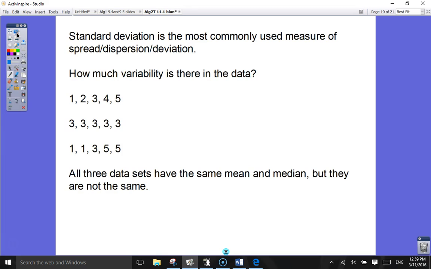Look at these three data sets that I put there: 1, 2, 3, 4, 5; 3, 3, 3, 3, 3; 1, 1, 3, 5, 5. If you calculate the mean for every one of those, it's going to be 3. X bar equals 3. In fact, the median is going to be 3 for all of them.